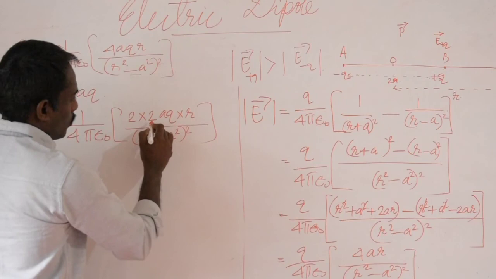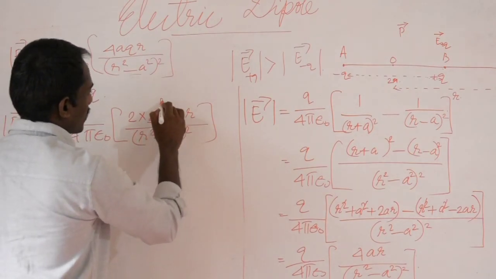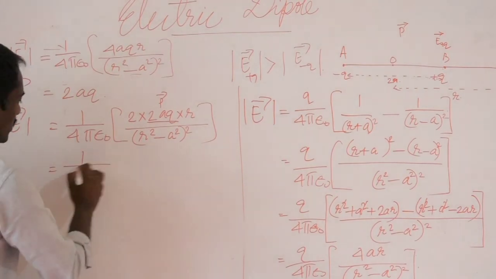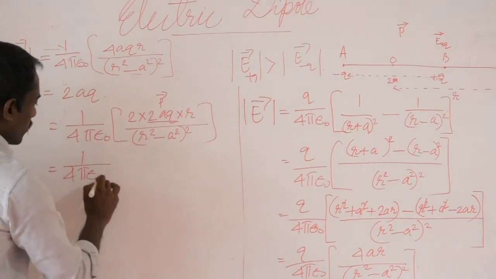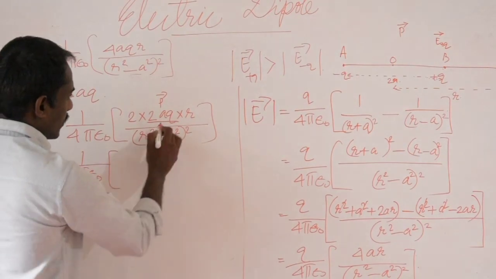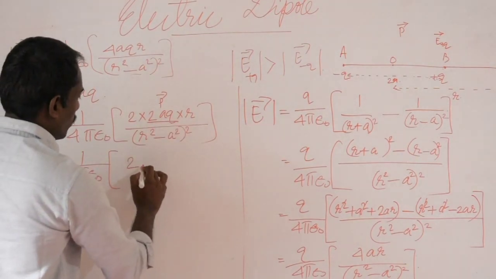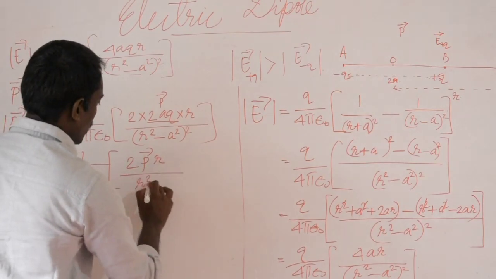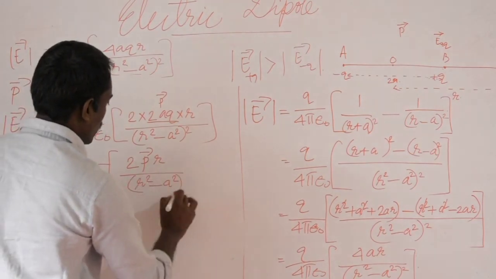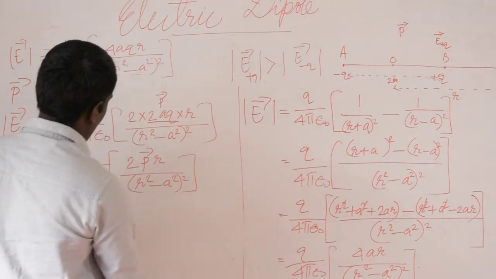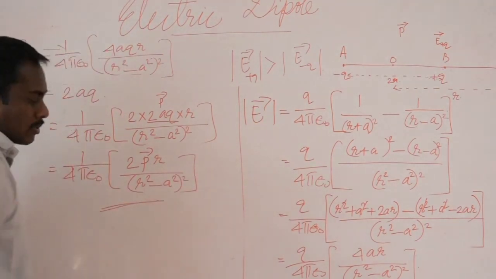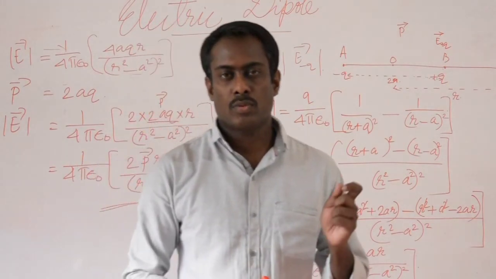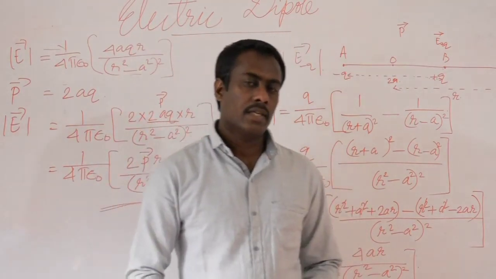Here 2AQ can be written as P. So now we can rewrite this equation as 1 by 4 pi epsilon 0 into 2PR divided by (R square minus A square) whole square, which is the expression for the electric field produced at the point P on the axial line of the electric dipole.